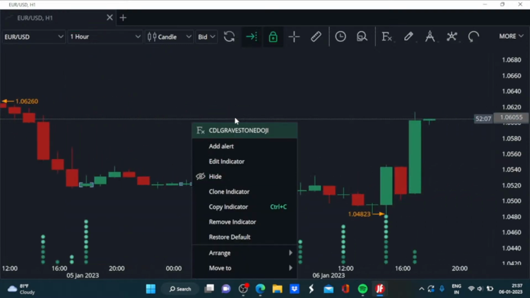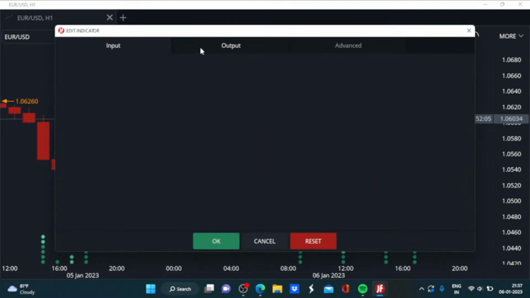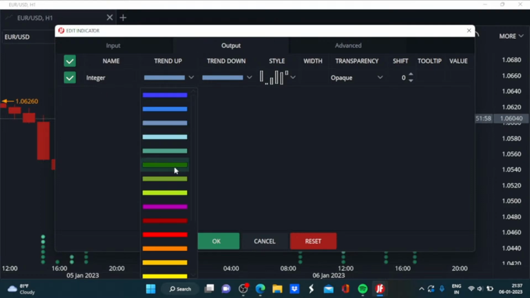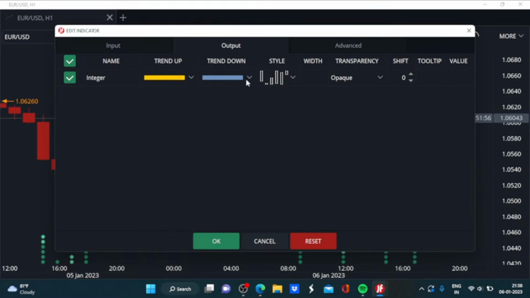Let me now change to edit indicator, and what we can do with the output, we can go for different color combinations. Suppose if you like brighter colors, you can go for that. You can go for different styling combinations.